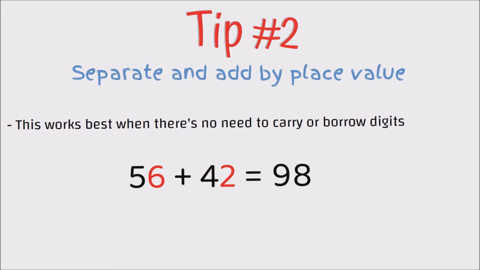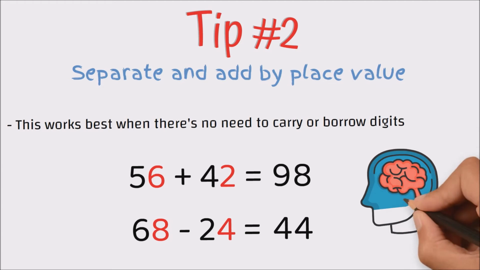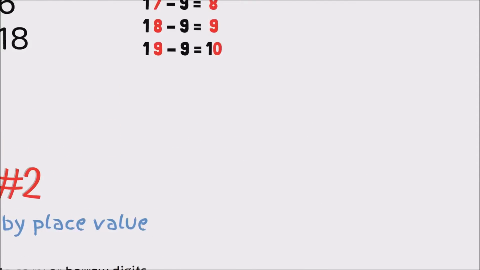For subtraction, let's try another example. 68 minus 24. 6 minus 2 is 4, 8 minus 4 is 4, and so we get 44. Really, all this is doing is the place value method only in your head, right? And it makes it less complicated since you don't have to borrow or carry any number. So whenever you have the chance, make sure to put your brain to work and try adding and subtracting some numbers together using this tip.